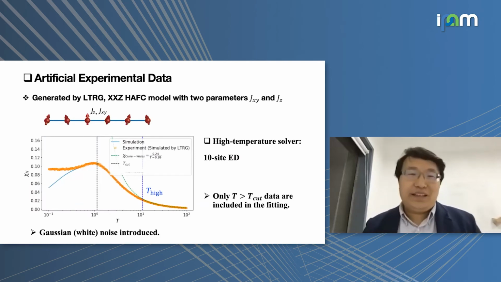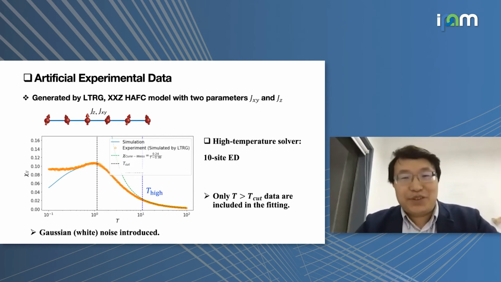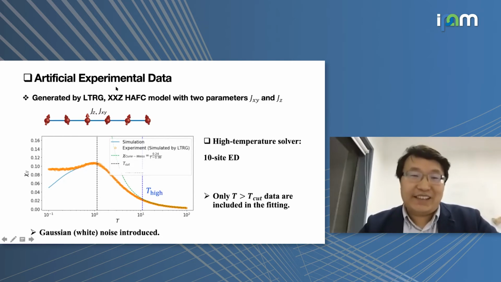Okay, now let's try our method on some artificial experimental data. We generated some thermal data from a model with given parameters. The model we consider is the Heisenberg antiferromagnetic chain with XXZ anisotropic interaction.